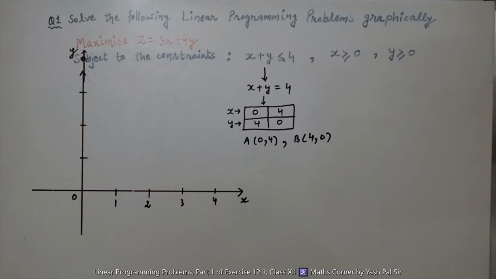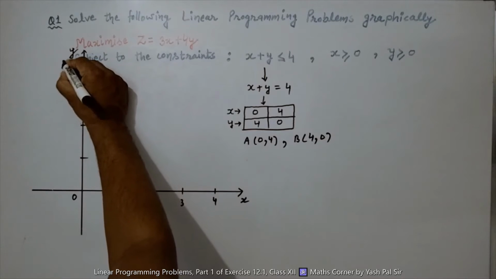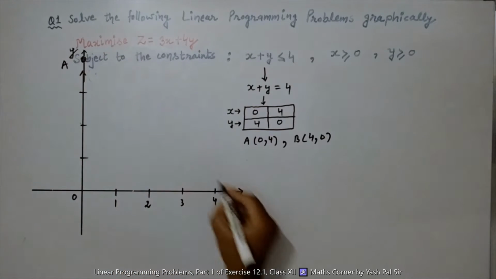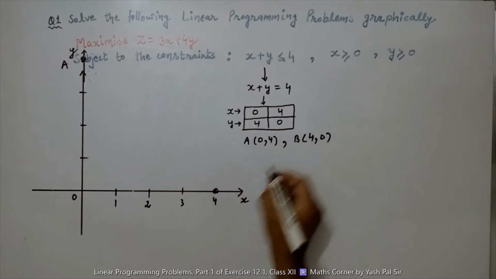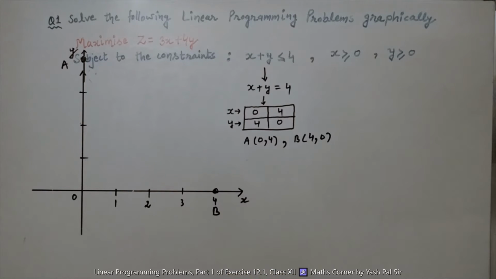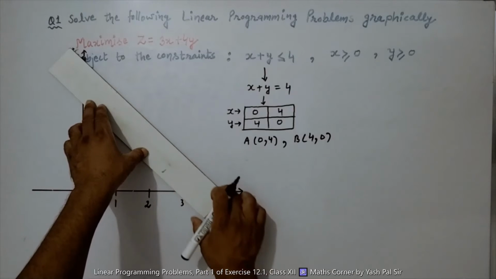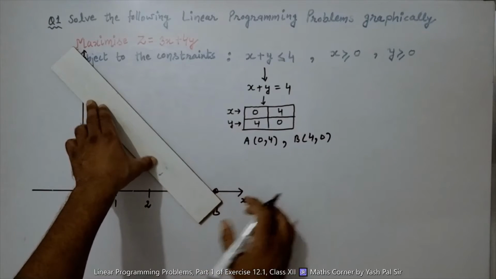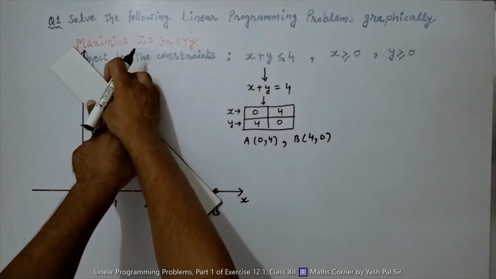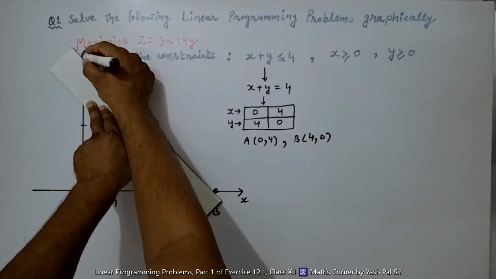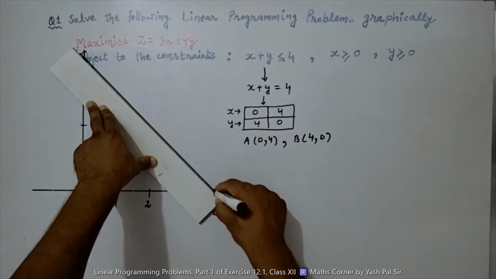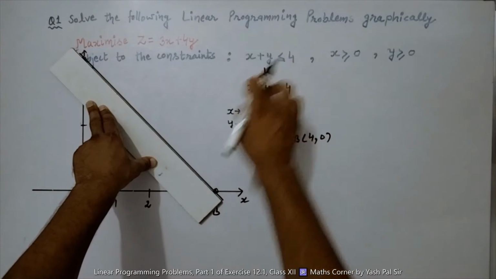So the very first point, point A, is x is 0, y is 4. So this is the point A and this is the point B. We join these 2 points A and B with a dark line. Why a dark line? Because of this equal to sign.